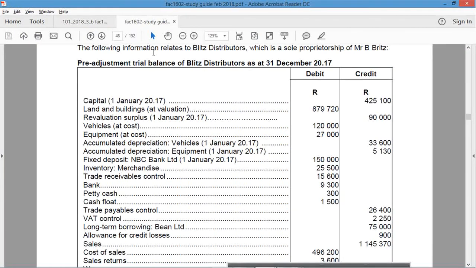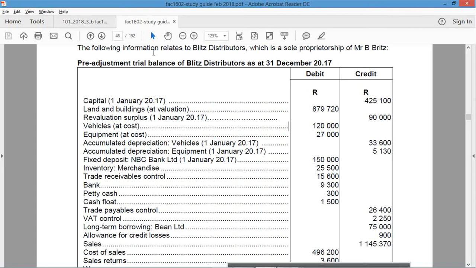Okay, so far so good. Fixed deposit is an asset. No, fixed deposit. If I get stuck, I always go back to what something is. It's capital? It's not capital. It's not a liability, it's not an obligation to pay.